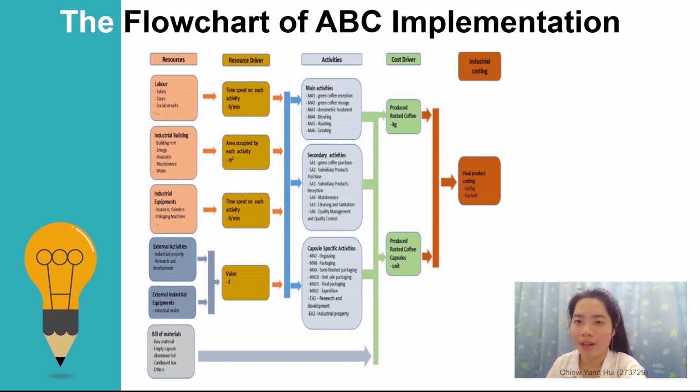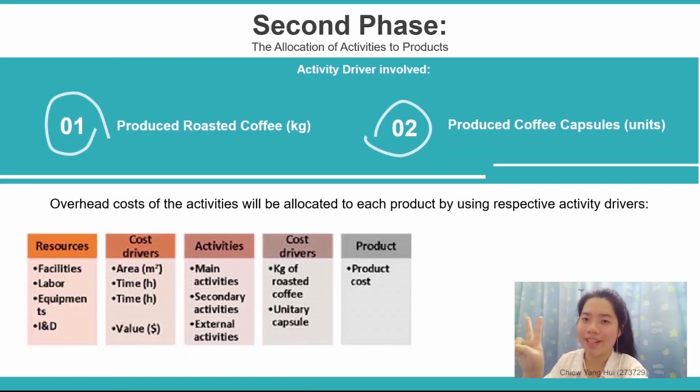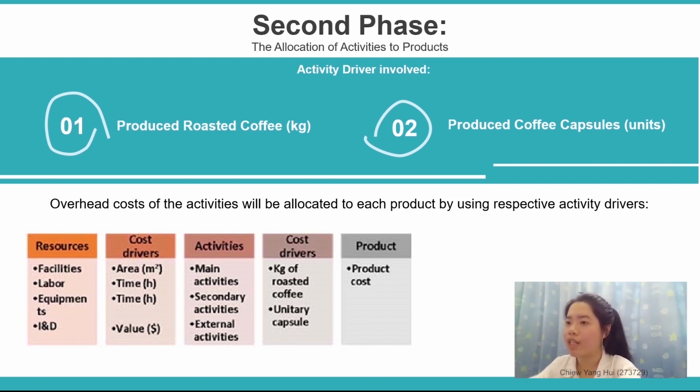Now, we can start with the second phase of the implementation of ABC costing, which is activity-based costing. The second phase is about the allocation of activities to products. It will allocate the cost accumulated in the activity cost pools to the respective products by using activity drivers.